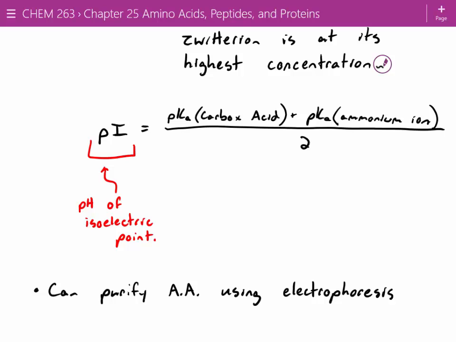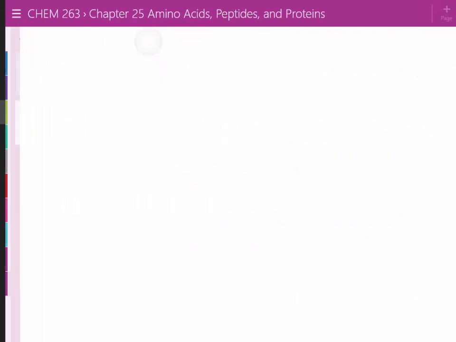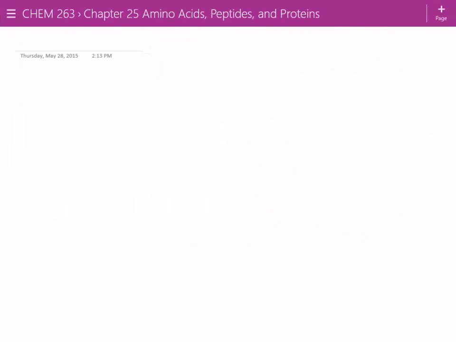All right, so let's jump into synthesis a little bit. I don't think we'll make it through this whole section, but a lot of it is review. All right, so amino acid synthesis. The first one should look pretty familiar.